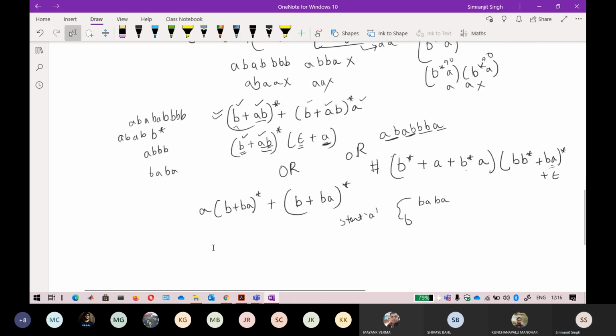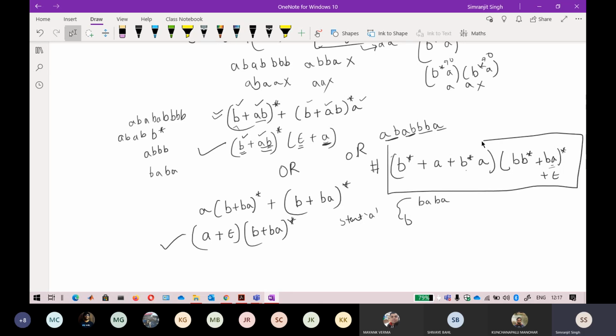You can plus this star out of it, so it can become A plus epsilon and B plus BA star. Rather than epsilon plus A at the end, the A will come at the beginning because we are starting with B here. So that expression is correct, and that one is also correct.